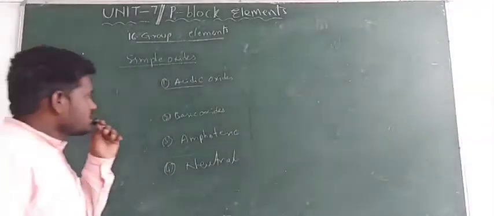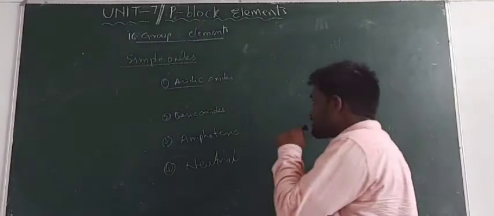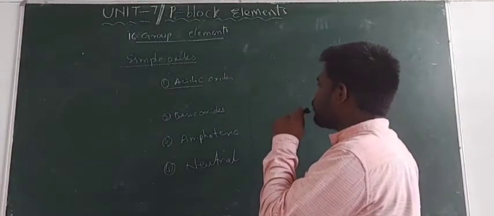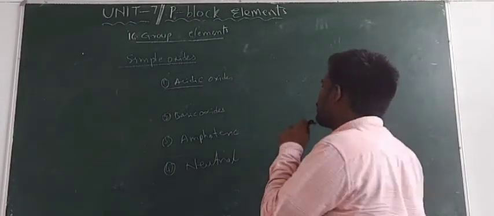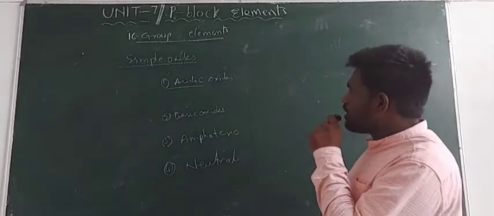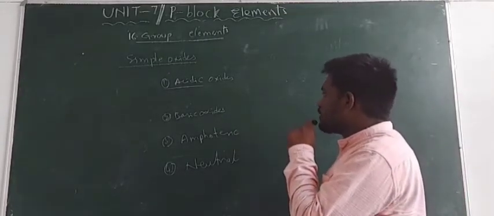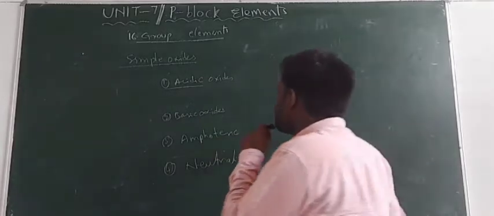The oxides which produce acid when they are dissolved in water are known as acidic oxides.